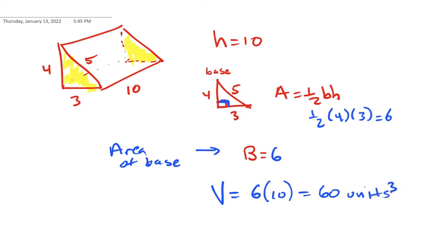So hopefully that helped with how to find volume for prisms. And when we get into the other shapes, it'll actually help you to make a lot of sense. Like a pyramid or a cone is going to use something very similar, but it'll also use the capital B. So you'll understand it very quickly if you understand this volume of a prism.